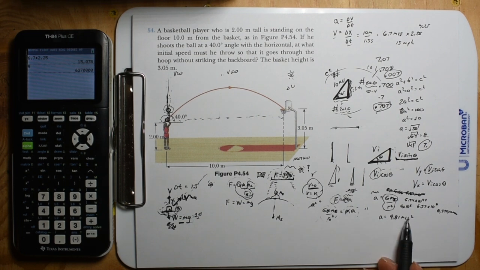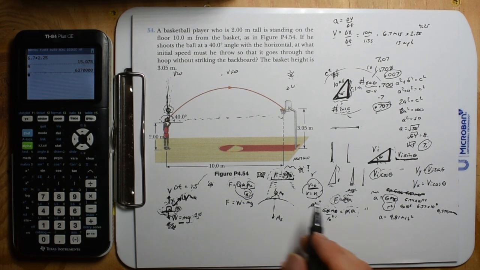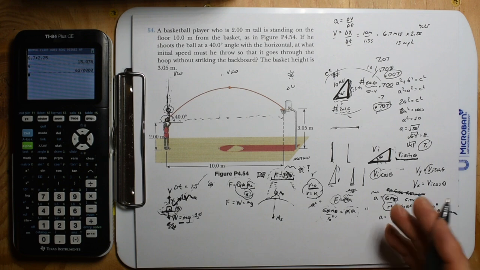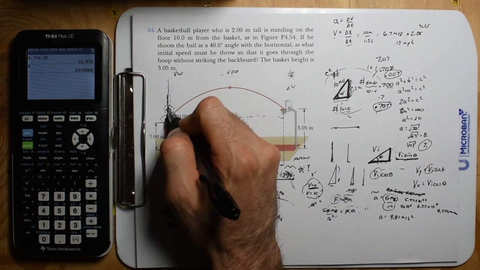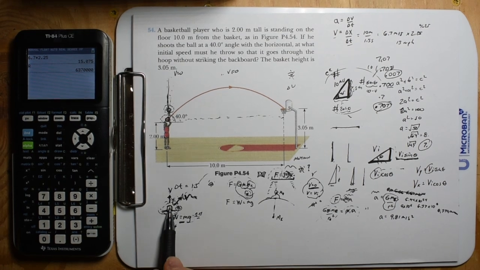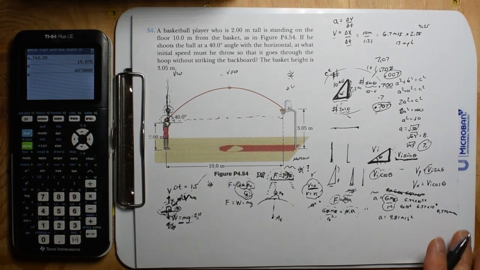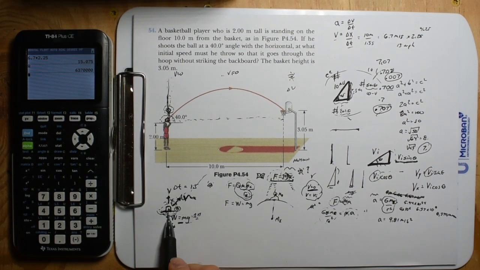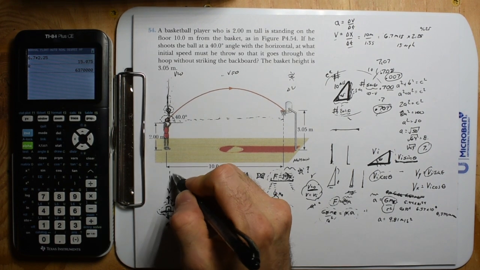So now we know that we have an acceleration, and if this force is down, how do we figure out what to put?